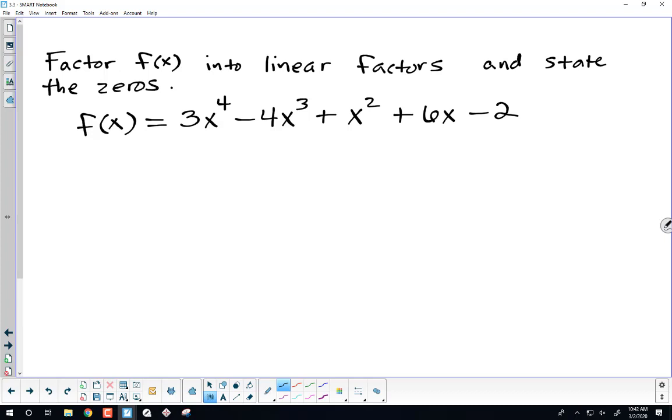So we'll say factor into linear factors and state the zeros, and we're given that x plus 1 is a factor of f of x.